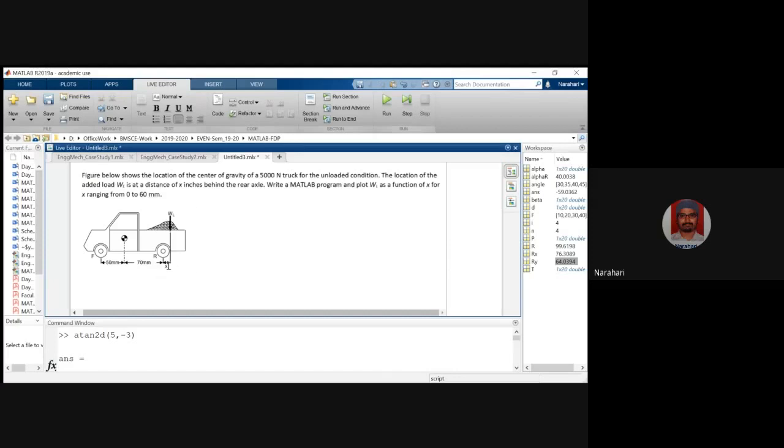So this is the x distance. How much you can load the truck such that the center of gravity of that load portion is going away from the rear wheel. That is the idea, isn't it? A nice little practical example. Very, very simple, nothing much.